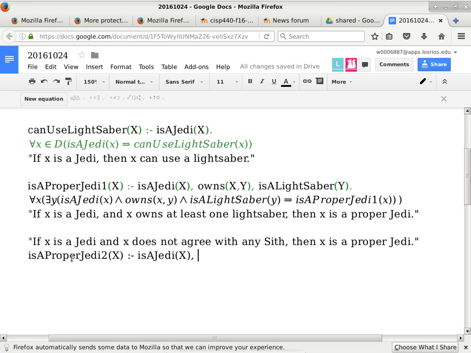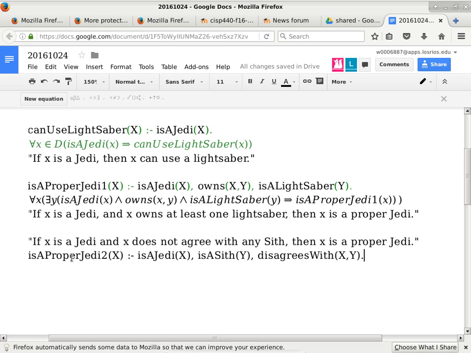And there exists a Sith, so Y is a Sith. So Y is existential. There exists at least one Y such that Y is a Sith. And then on top of that, we want to say that X disagrees with Y. In the original text, I used the word hate, but Jedis do not hate, right?